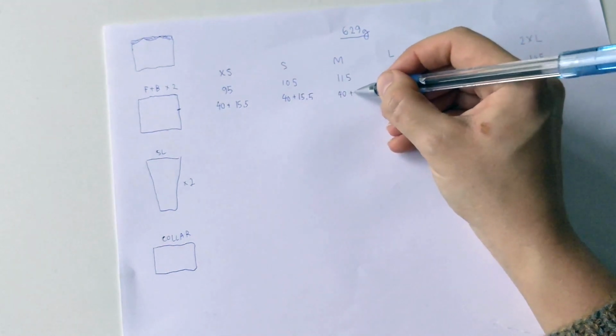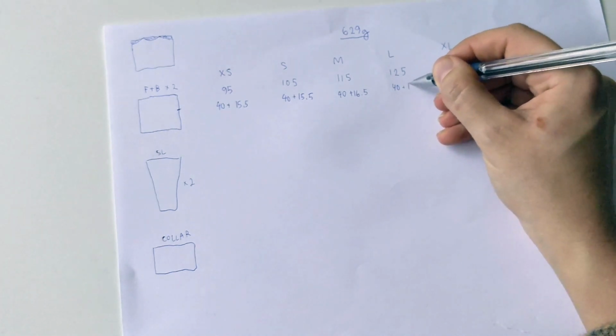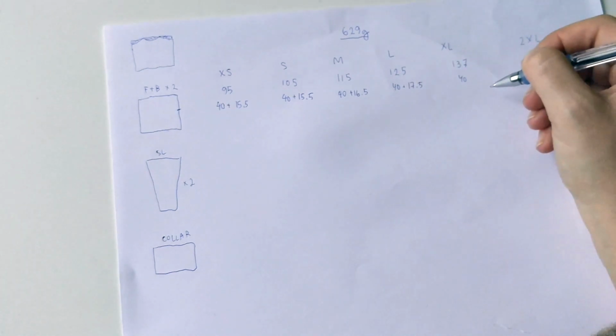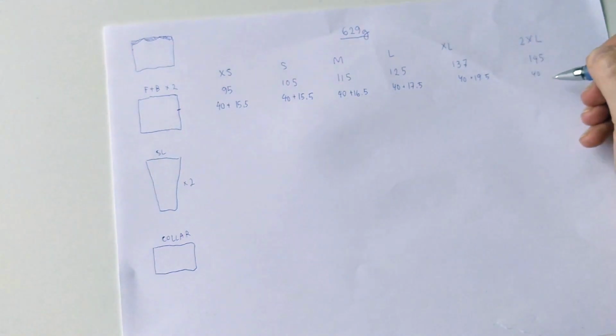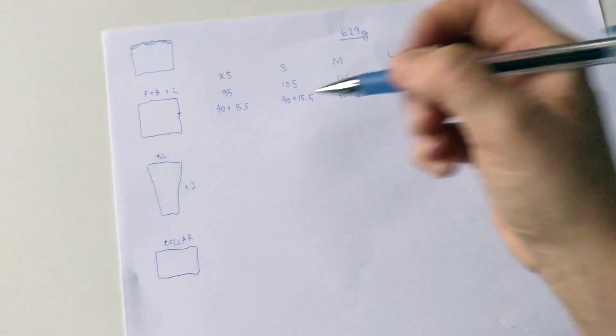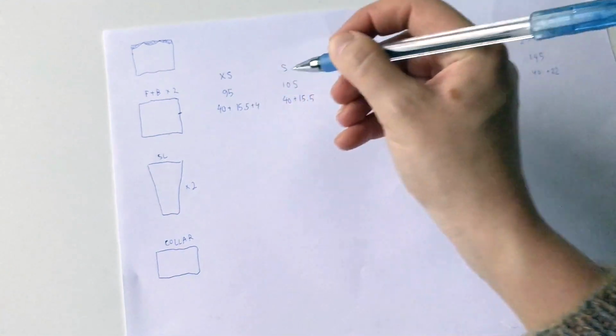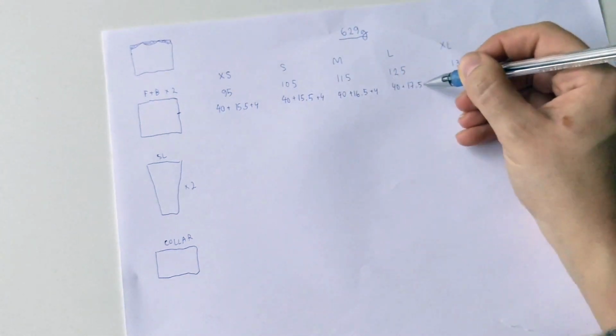I'm picking these numbers from my spreadsheet, so I'm not just making them up. 17.5, 19.5, and 22. And then we still have the neck drop or the shoulder drop, which is 4 centimeters for each size.